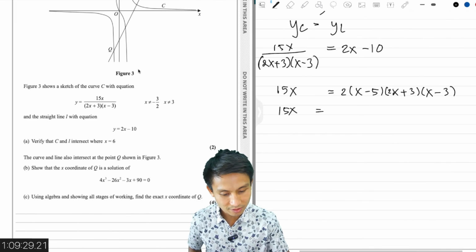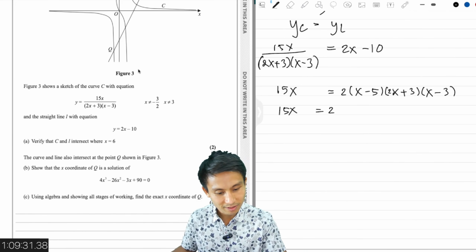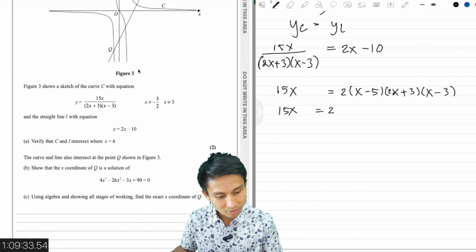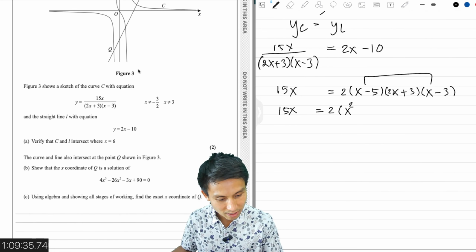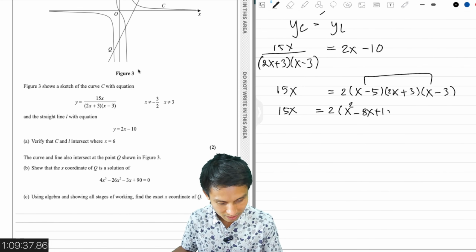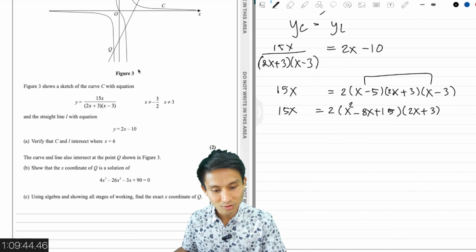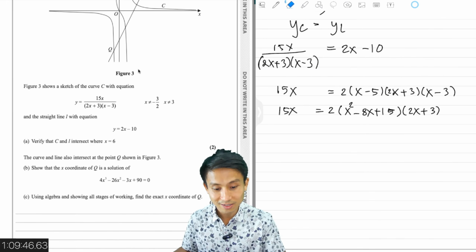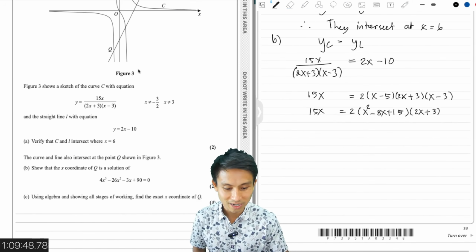Okay, so let's keep 2 out here, and then I'm gonna do these two first. So x squared minus 8x plus 15, and then the 2x plus 3. I did those first because they're easier just to start with.